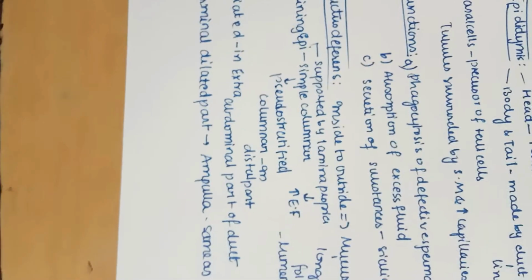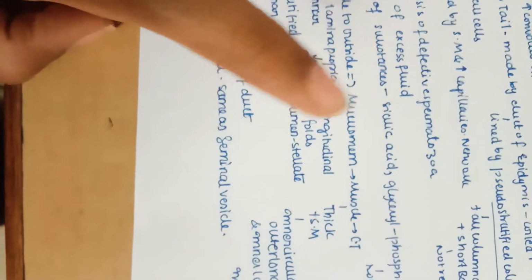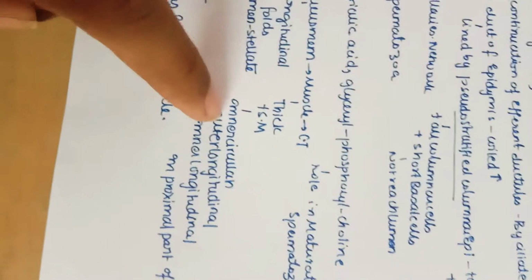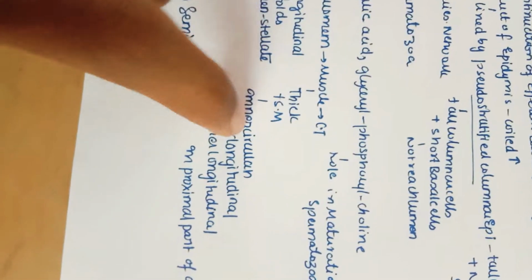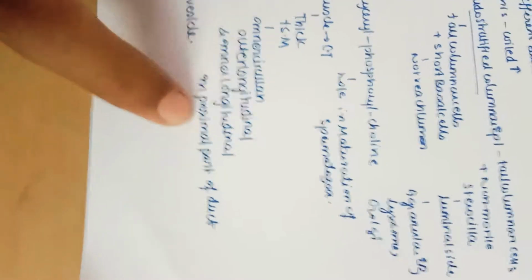So let us check out the ductus deferens. From inside to outside, the layers are mucous membrane, muscle, connective tissue. The mucous membrane has longitudinal folds, and the lumen has stellate cells. You can say this is a star-shaped cell. The muscle has thick smooth muscle, inner longitudinal, middle circular, outer longitudinal, as we discussed in the proximal part of the duct, and it also has connective tissue.